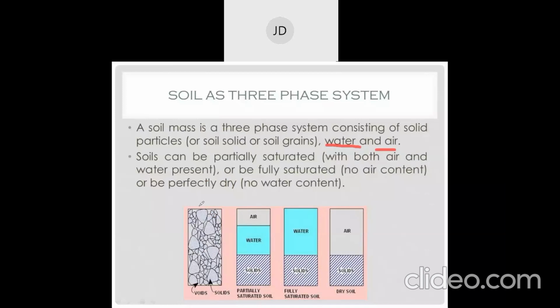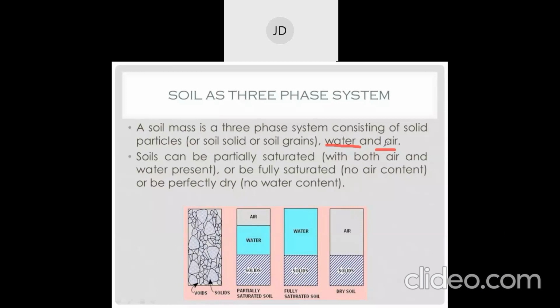This is the natural case of soil in the field. This is a microscopic view. This is a soil solid particle, and these gaps among the soil particles are known as voids, and these voids may be filled up with water or air or both.